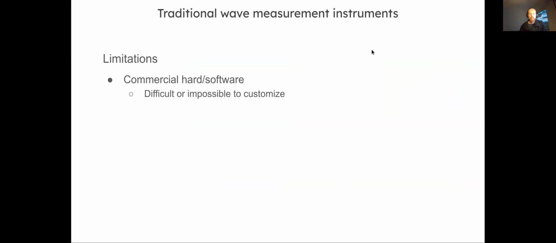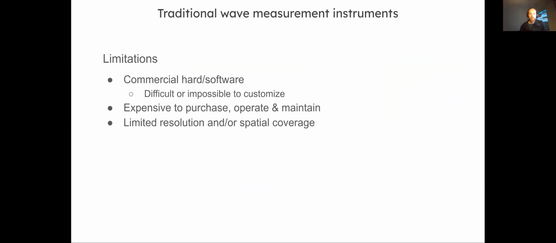So some limitations of these kinds of traditional instruments: these are typically commercial hardware and software, and for this reason, they're difficult or sometimes even impossible to customize for your own needs. They're usually very expensive to purchase and operate, and also to maintain.